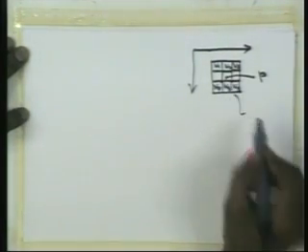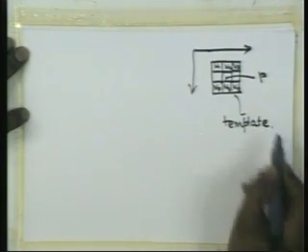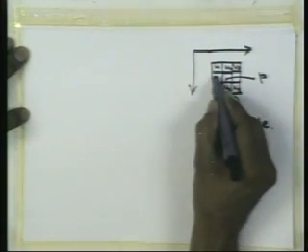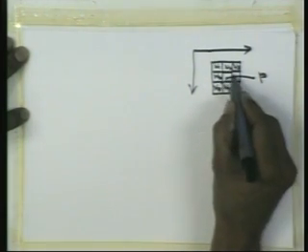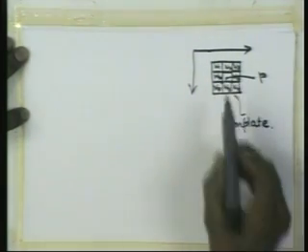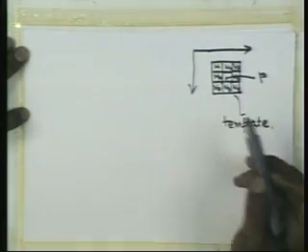This I will call a template. These are basically weights W1, W2, W3, W4, W5, W6, and so on.